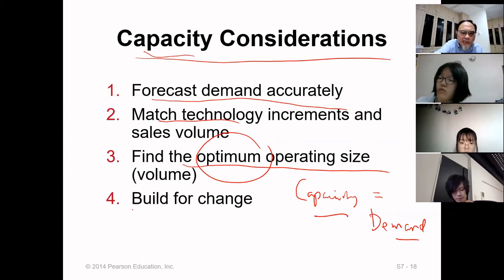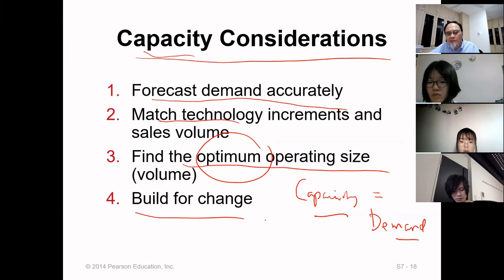And of course, the strategy is to build for change. Companies must always think about how to build for change. Like what I mentioned just now, I read that there will be a big change in the economy in the next 4 or 5 years.